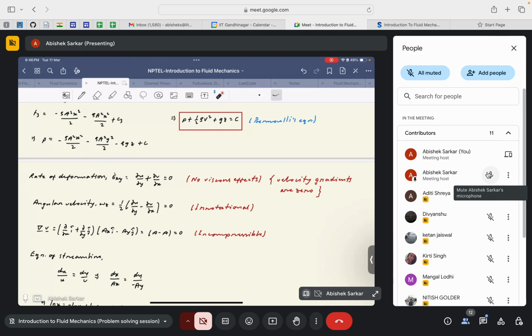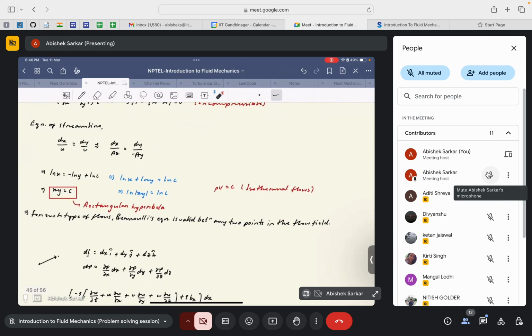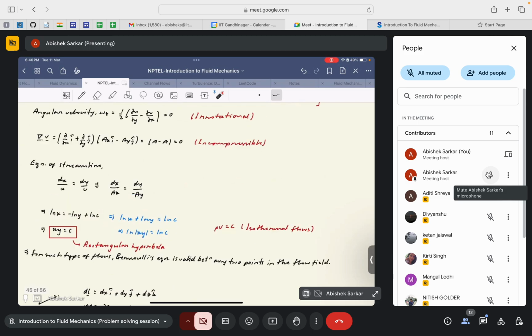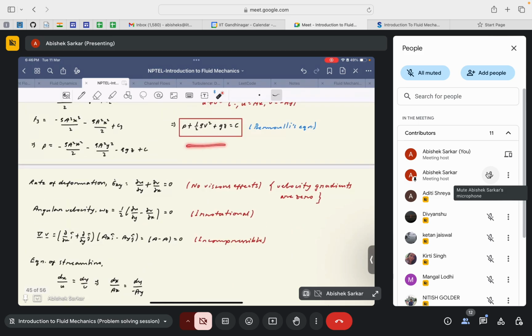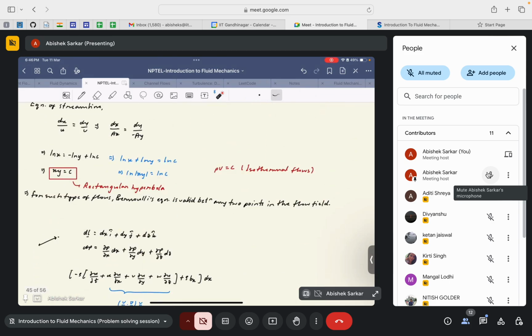And if the flow is irrotational, then this equation becomes valid for any 2 points in the flow field. It might be a bit confusing, but these are the specifics that I need to mention. That's why we are starting with understanding the fluid motion along a particular streamline.